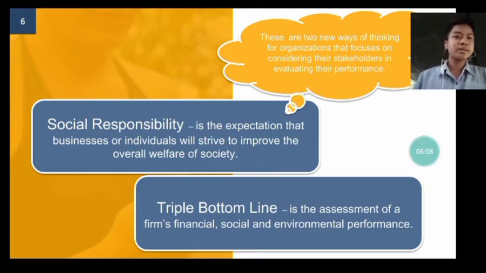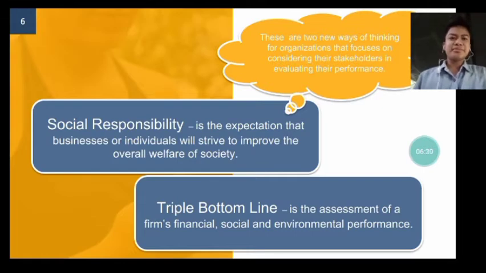Next one, the other new way of thinking that the organization has made is the triple bottom line. So triple bottom line is the assessment of a firm's financial, social, and environmental performances.